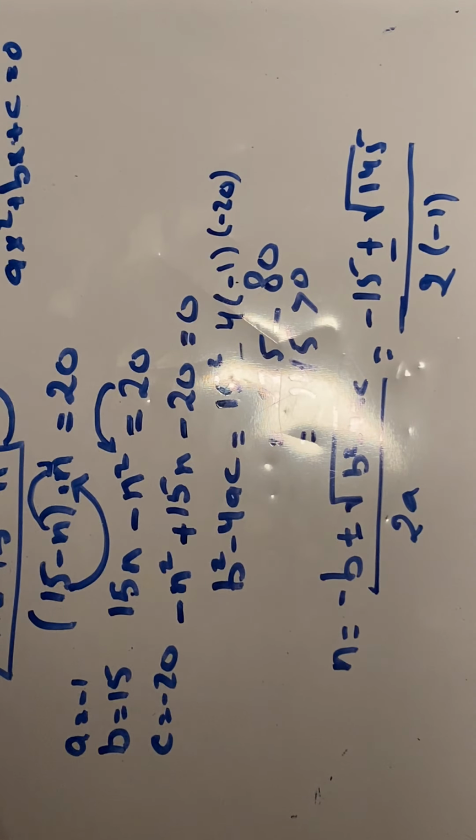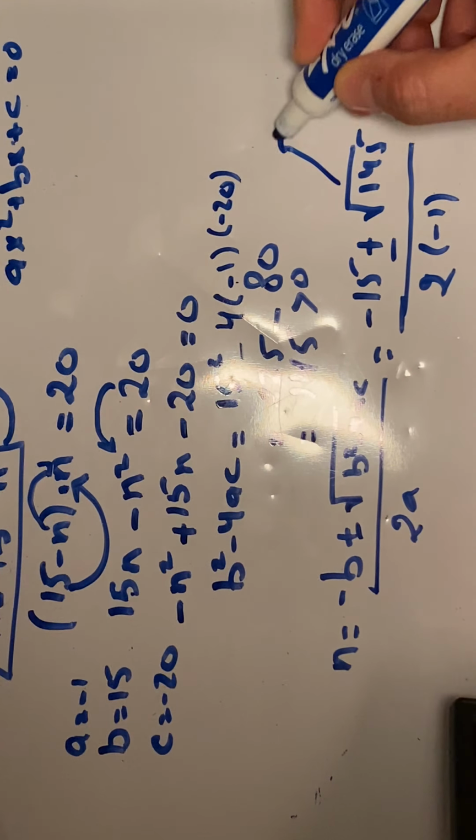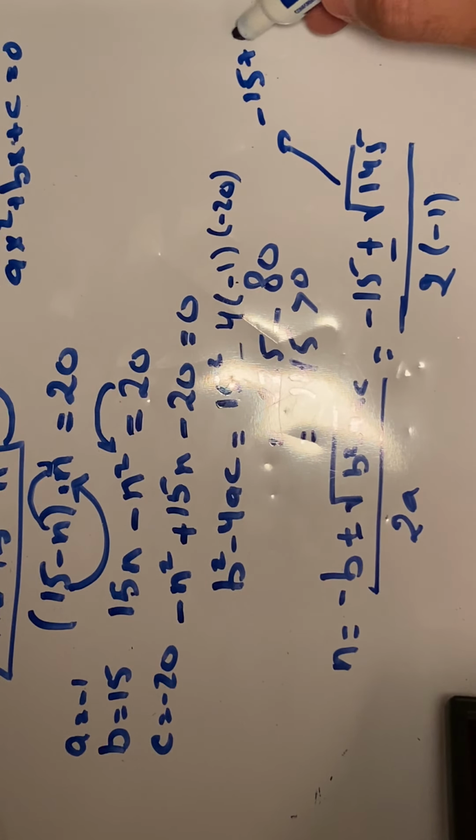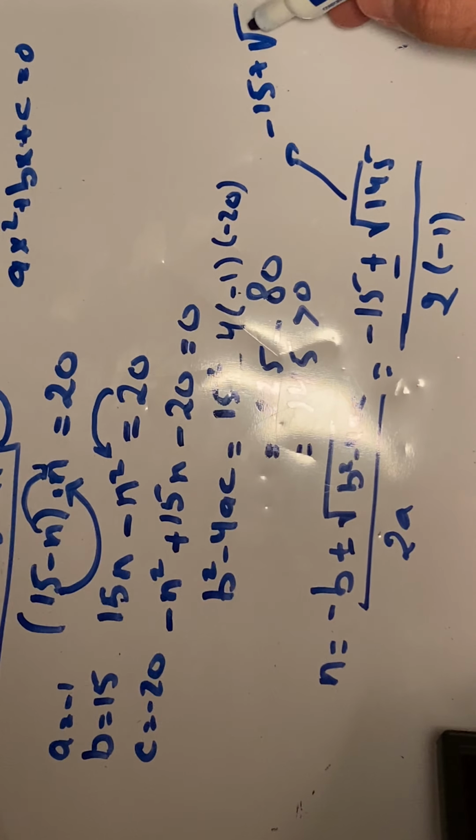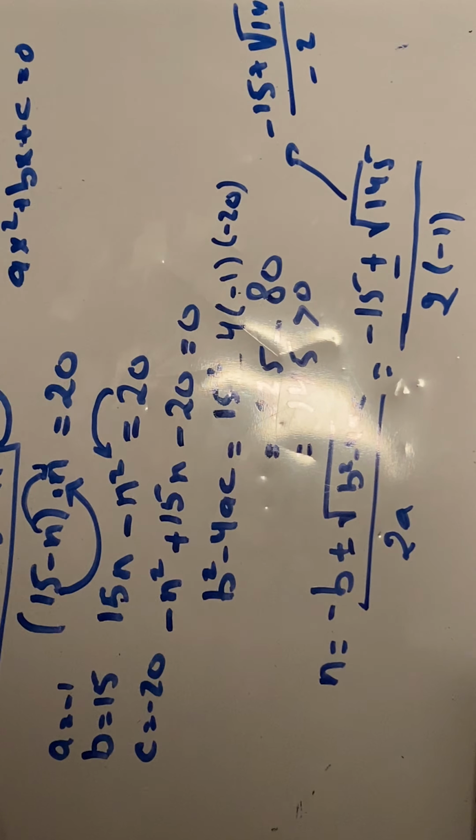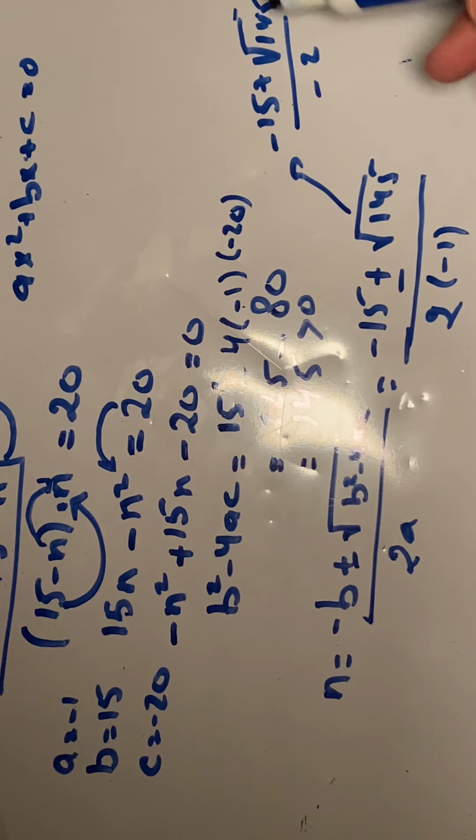Now, if you want to go forward, calculate one of them. I'm going to use my calculator just to calculate. The first one would be negative 15 plus the square root of 145, over negative 2. First I would calculate the square root of 145. It would be 12.0415.